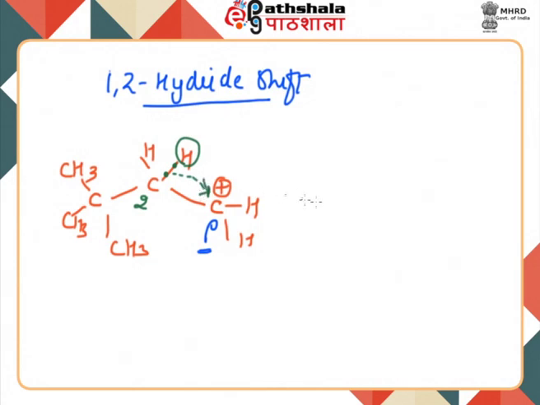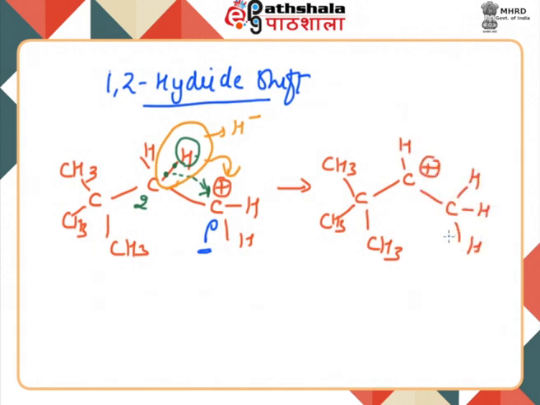by this carbocation, and as a result it goes into the three-membered transition state, and ultimately this hydrogen will be shifted along with these two electrons, and that is why it is the hydride shift which takes place, and this will get attached to this carbon.